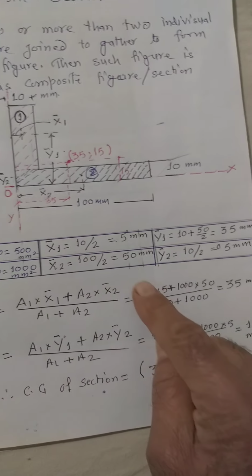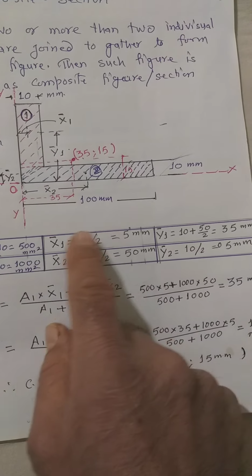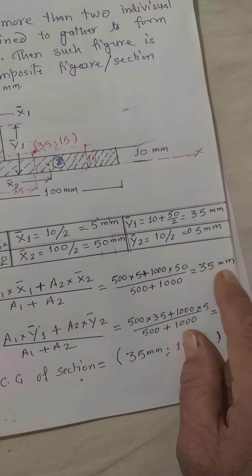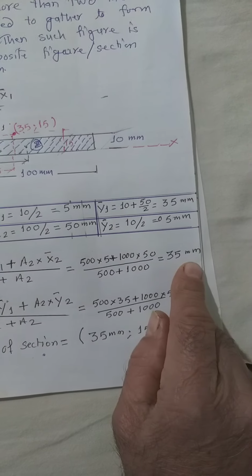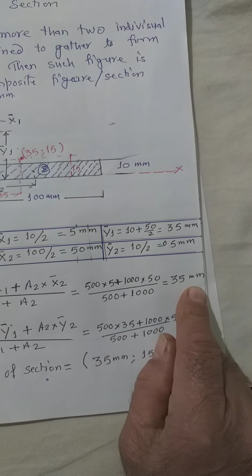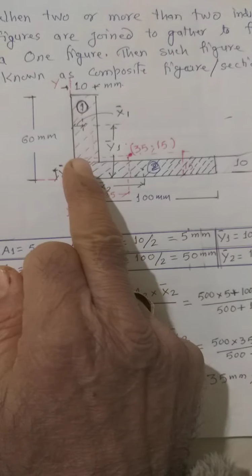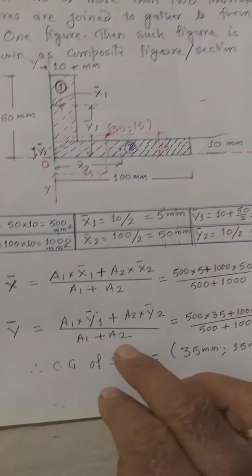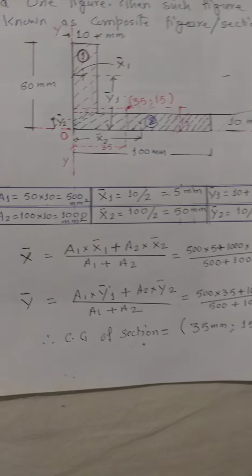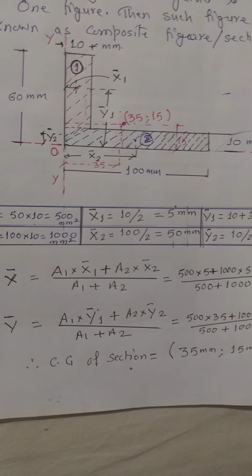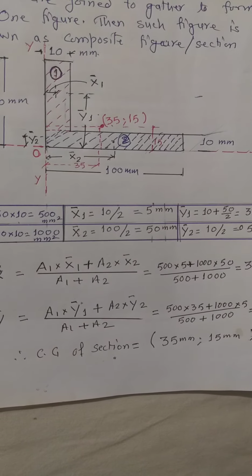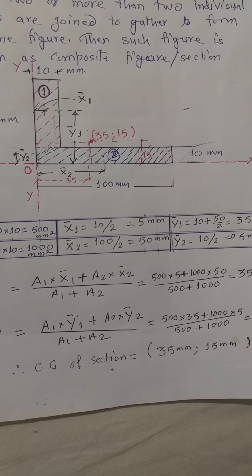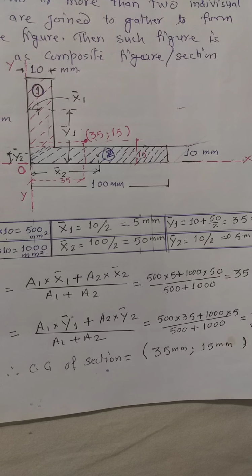Substituting the values, you will get the value of x bar of the composite section. Similarly, we have to use another mathematical expression for finding the value of y bar, that is A1 y bar 1 plus A2 y bar 2 upon A1 plus A2.